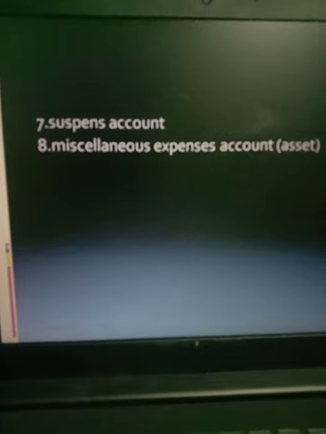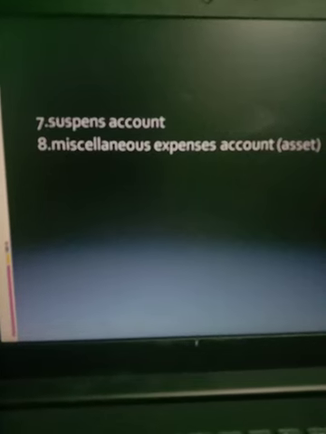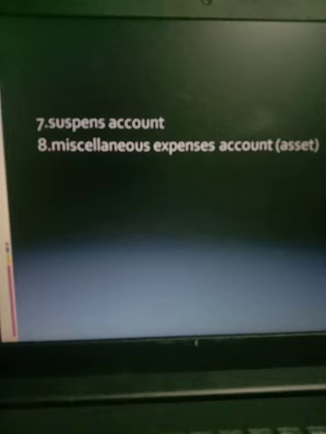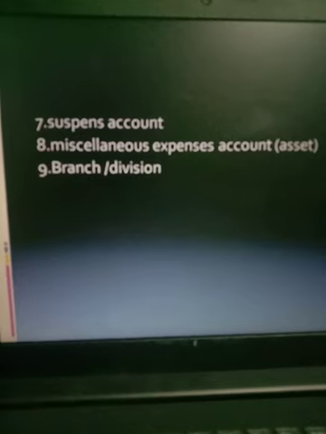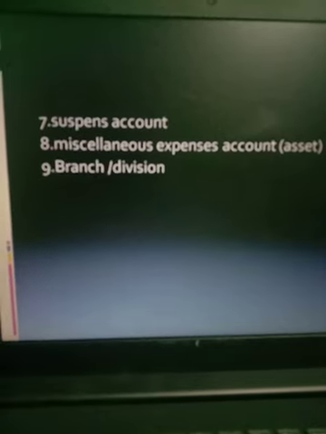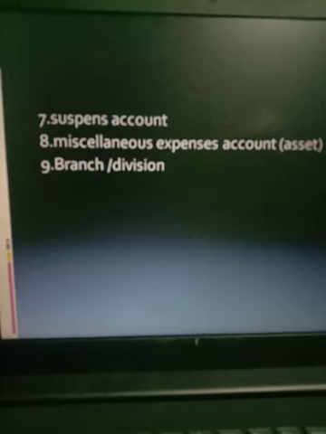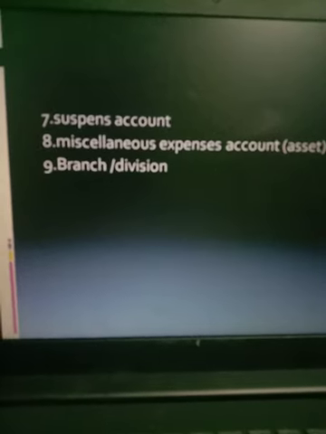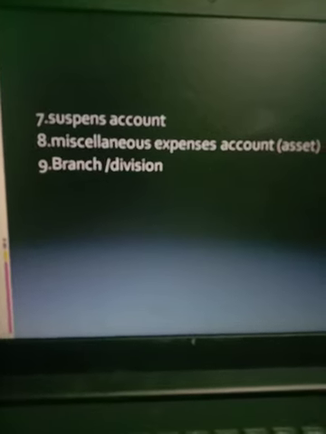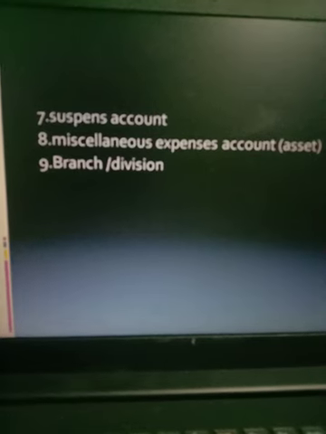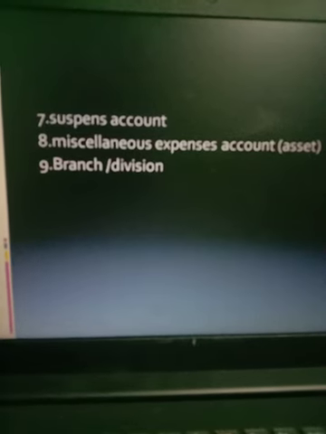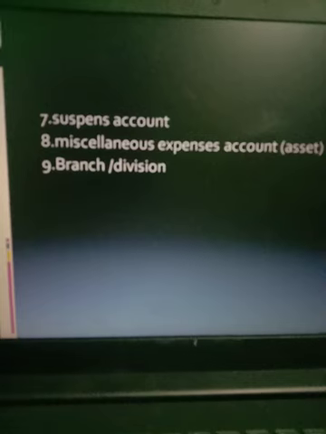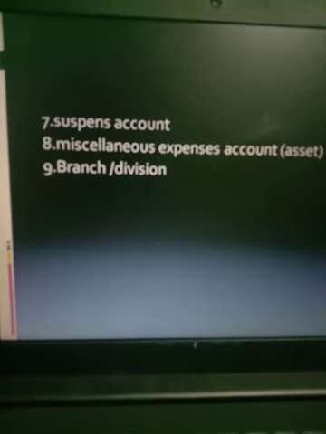Whatever expenses are written off over time, that amount we consider as miscellaneous expenses. Next one is branches or divisions. This ledger covers the branches the company has, or divisions, affiliates, sister concerns, or subsidiary groups, etc.